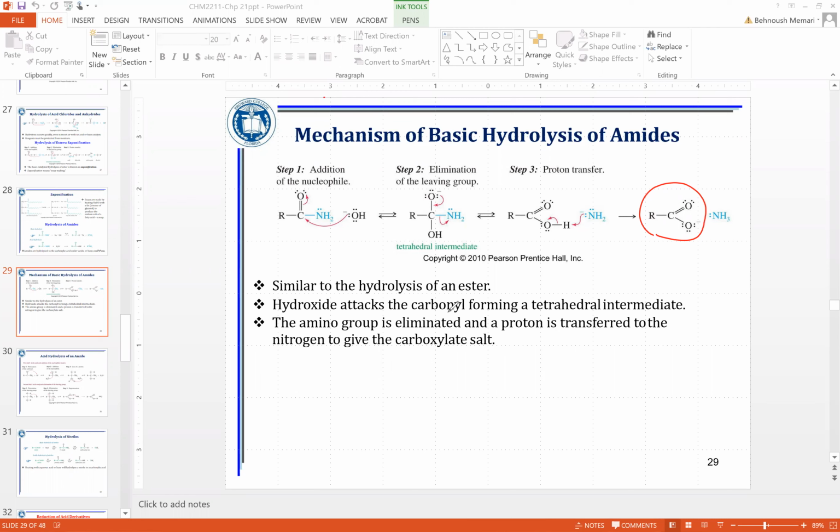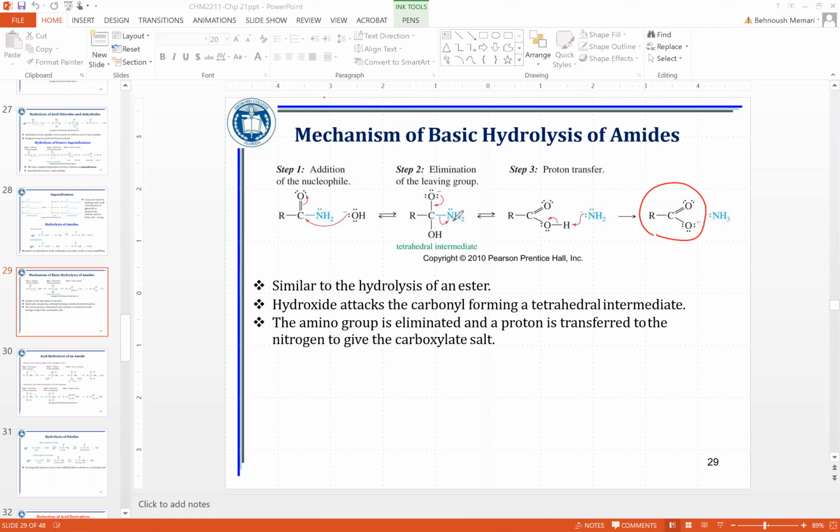So in a basic solution, the hydroxide is going to attack the carbonyl group. As a nucleophile, it is going to attack, and the pi bond breaks over the oxygen. Then the pi bond is going to come back, the pair of electrons would come back, and elimination would happen, or the leaving group is going to leave.